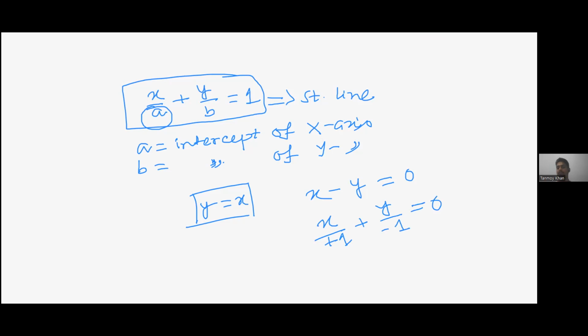So it will intercept at plus 1. But the thing is, you cannot write it whenever it is 0. You can only write a straight line into this form whenever it is having some value, so that you can make it 1. You need to make it 1, but you cannot make 0 into 1, right?